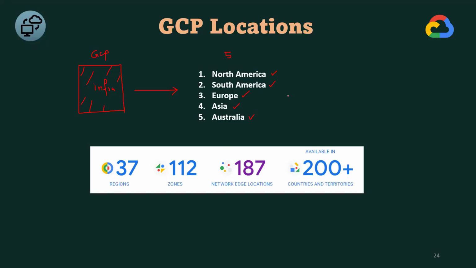These 5 locations are further divided into regions. These regions are further divided into zones. So this is how GCP's infrastructure is divided into multiple locations, locations are divided into regions, and regions are divided into zones.